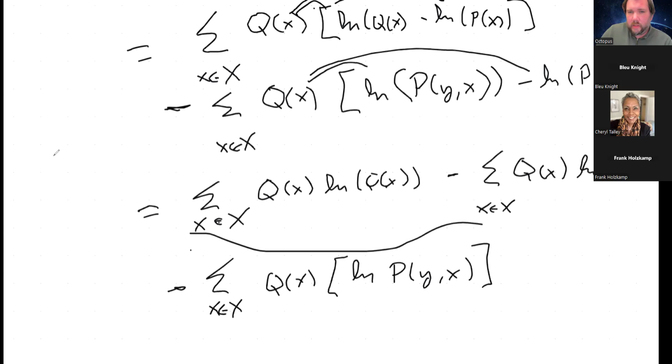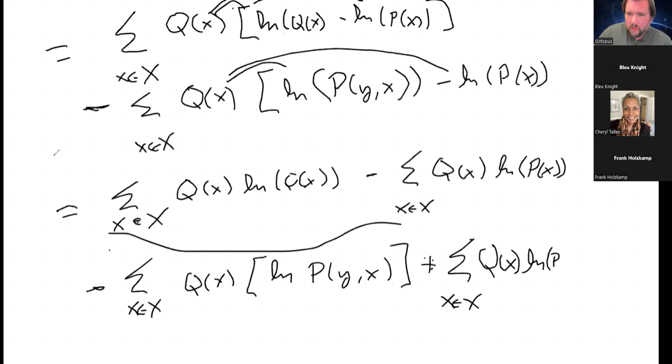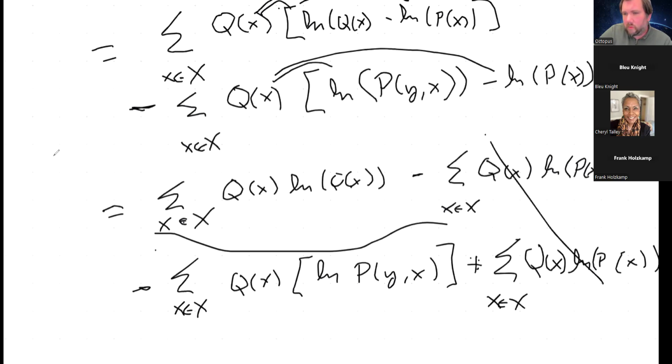And then this minus minus cancels and I get plus sum x and x, q of x, natural log p of x. And this term is the same as this term, just with signs flipped, so these cancel.